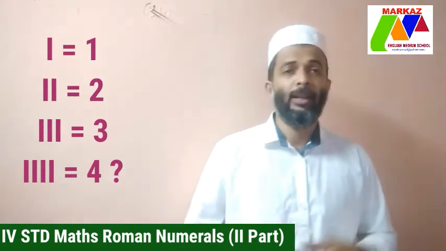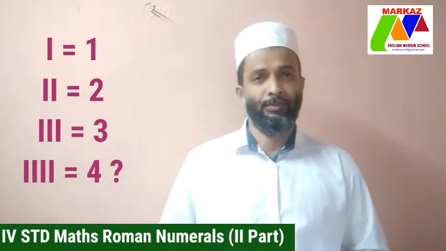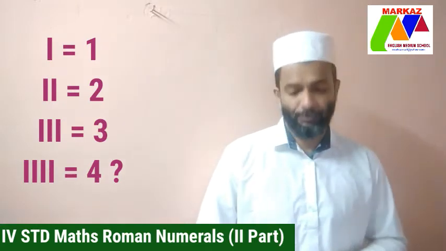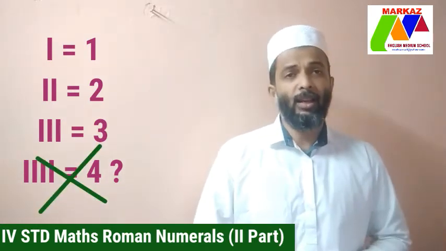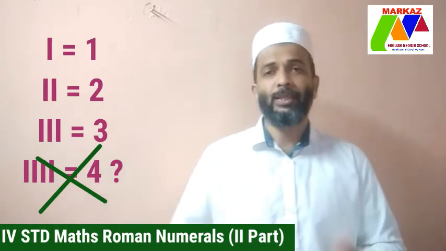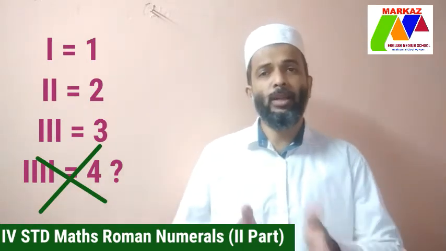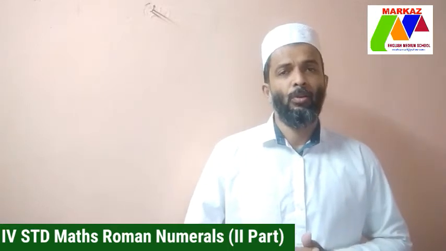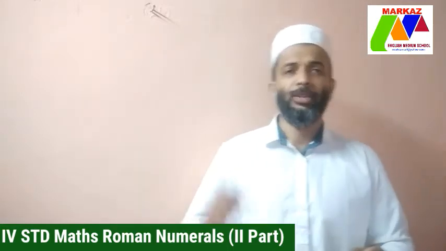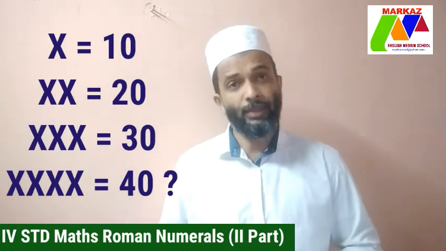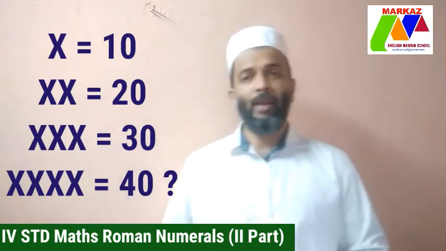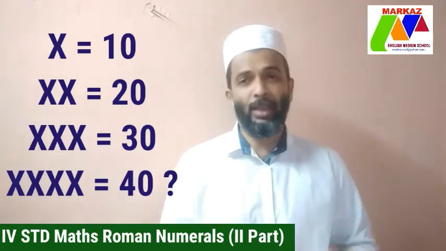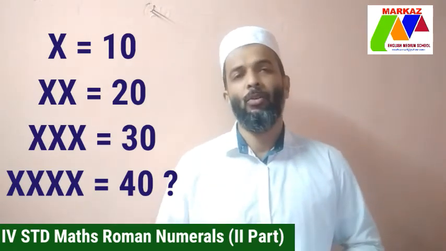It cannot be written as 4 times I. That means you cannot put more than 3 I or X of the same Roman numeral together in a group. For example, X is equal to 10, double X is 20, triple X is 30. It cannot be written as 4 times X. That is the first rule.